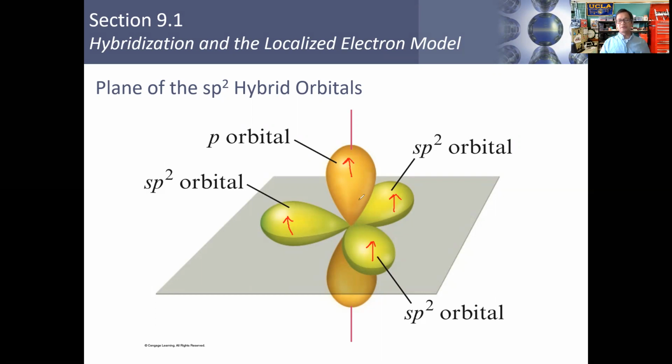It could shift where it sits, we don't know, but it'll move between these two lobes of the p orbital here. Okay, so that accounts for the four electrons of the carbon atom.